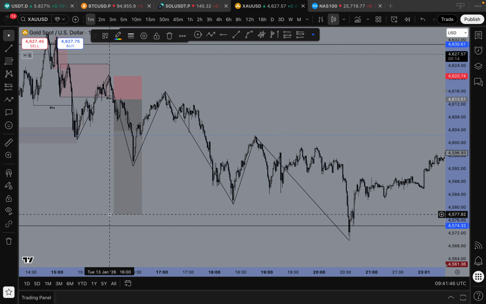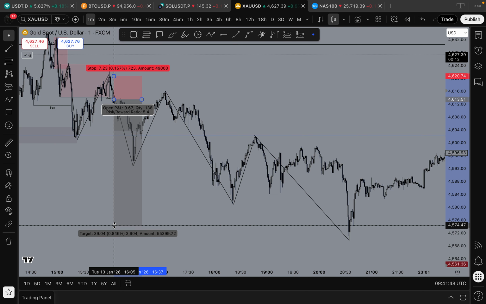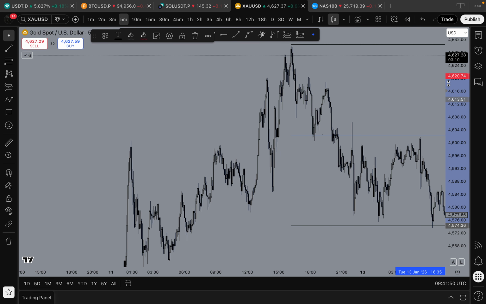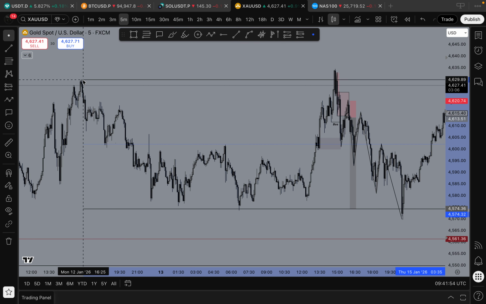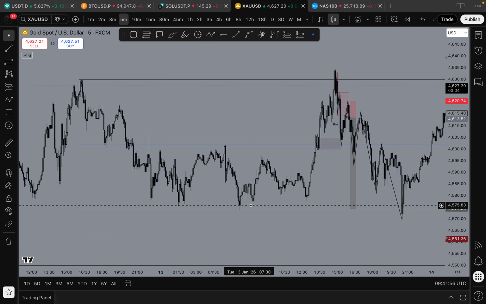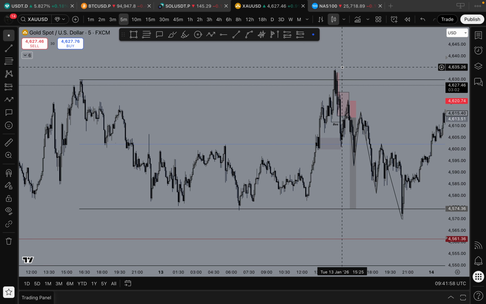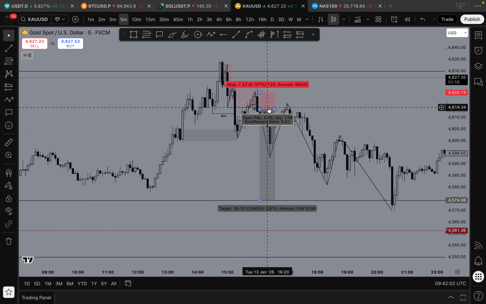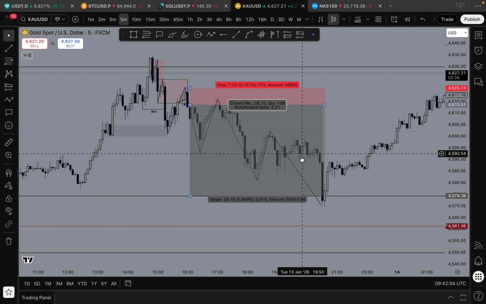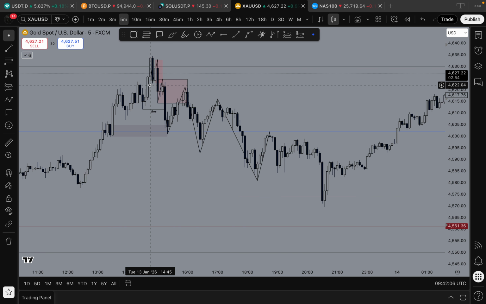So this was again a 5R to the range low, because that's the clean part, is that price from range high formed a model 1, took out range low, higher low, took out range high, from range high back to the range low right here. Then price did take out the range low.